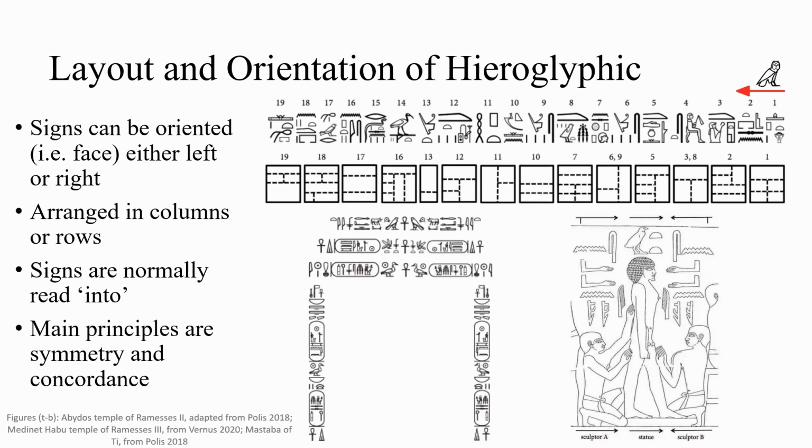If they face to the right, then a text is oriented to the right. If they face to the left, then a text is oriented to the left. Now, the usual reading direction is opposite the orientation. So as you can see here, if you have a text oriented to the right, you read to the left, right to left, which is what this arrow highlights.